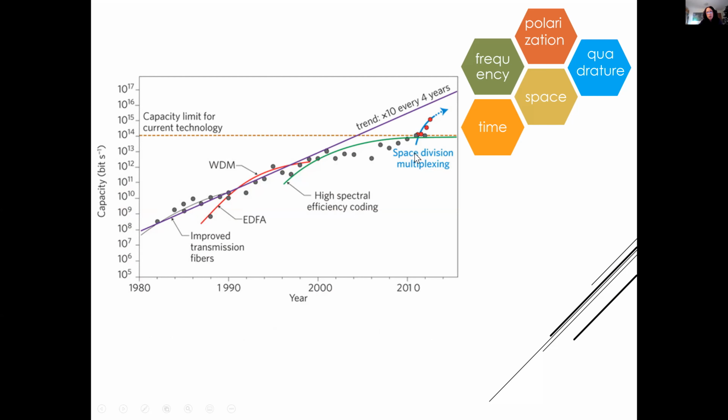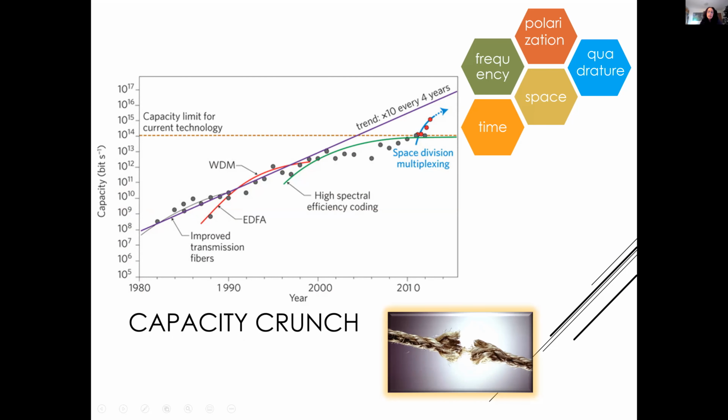We use coding, we have space, but basically the trend is there, and we have saturated. Scientists expect that not very far we will have the capacity crunch. So we will no longer have enough bandwidth on the optical links to support our connectivity, let's say.